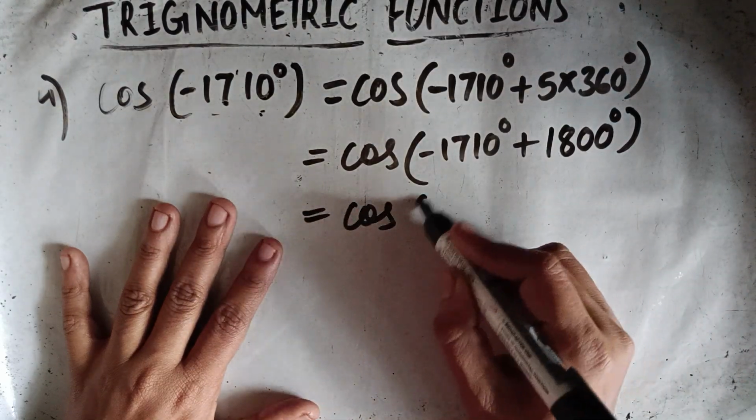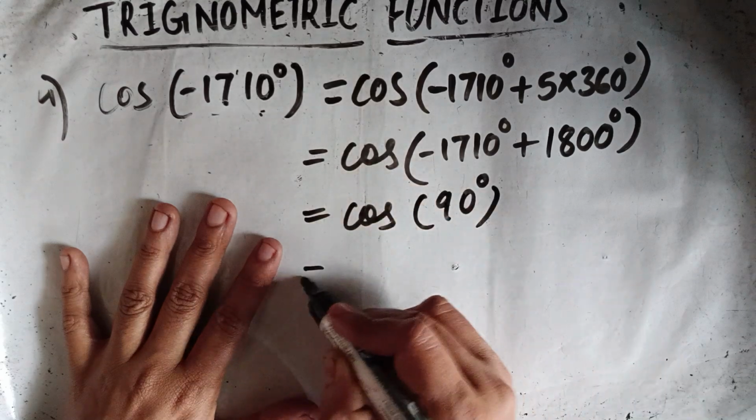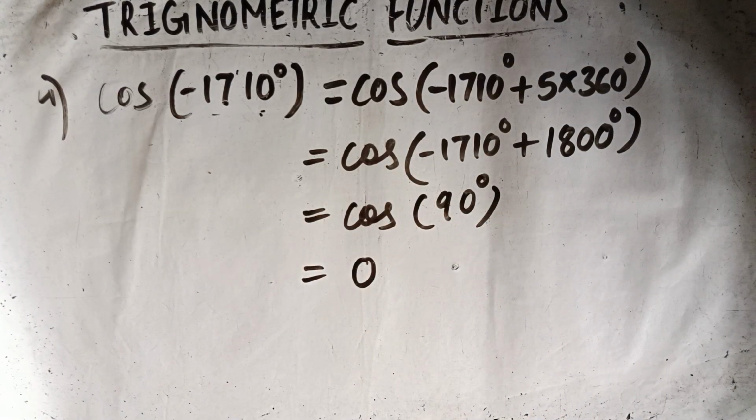So cos of 90 degree, cos 90 is 0. Okay, this way you can find.